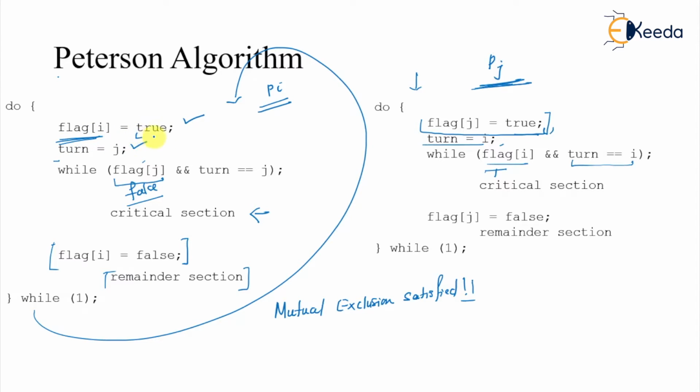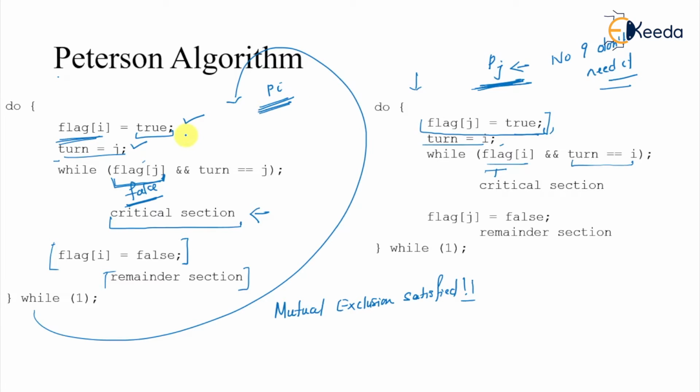Again it will set flag i to true, turn to j, and because pj is not interested in the critical section, the check will again be false, and pi will enter the critical section. So if pj says that it doesn't need it, then pi can continuously go into the critical section without any hassles.